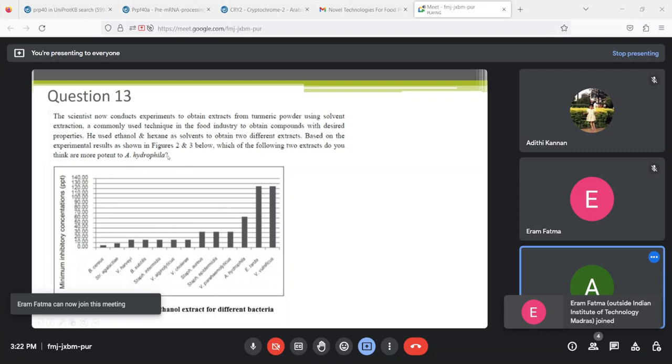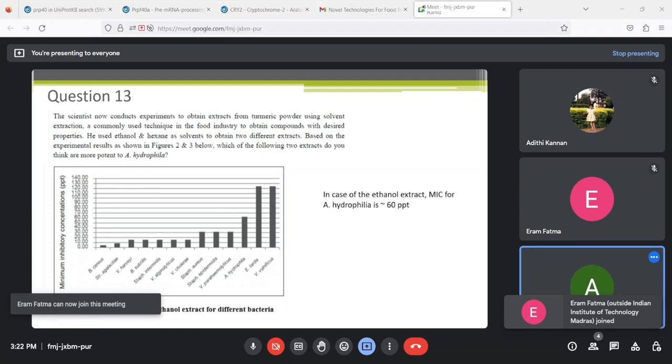So amongst these organisms here, A. hydrophila is here. So the MIC of this corresponds to somewhere close to 60 ppt. So the MIC of turmeric against A. hydrophila in an ethanol extract is close to 60 ppt.